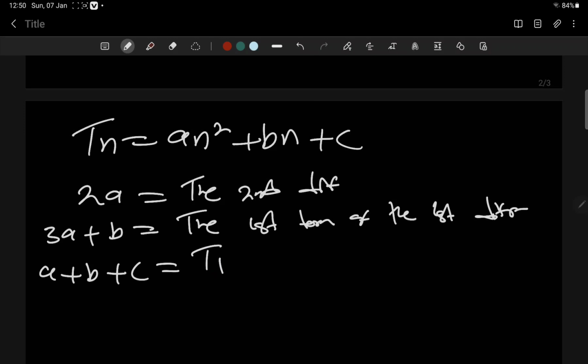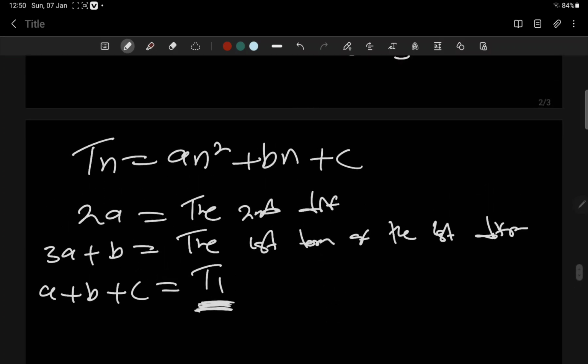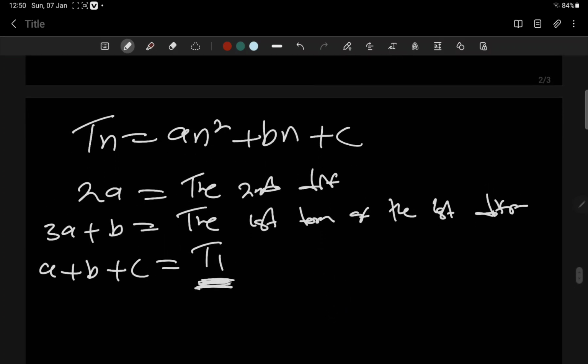From arithmetic and geometric, T1 was a, but in this case, to find a plus b plus c, we find term 1, we name it as term 1. Then from there you put it on the formula. Good luck.